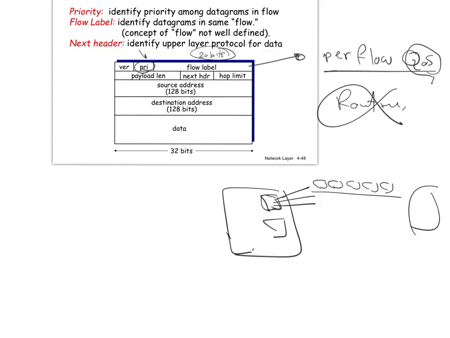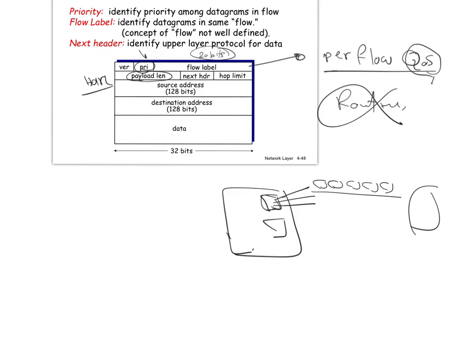Now, payload length. One thing that has also vanished, as you might notice, though of course no one really followed the previous material, is that there was a field in IP version 4 called the header length. We used to have header length because the header was variable, right?